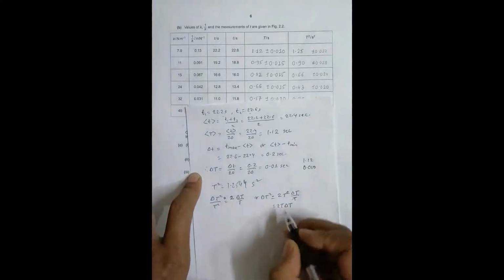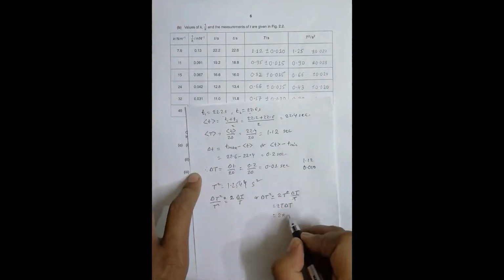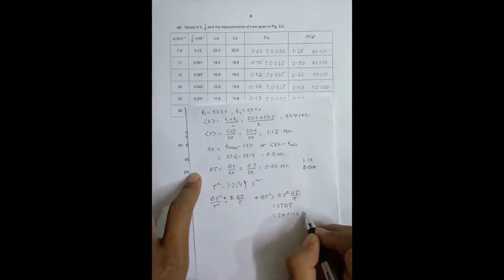So when I apply this formula, I'll have 2 into t, which is 1.12, into delta t, which was 0.010. So it should be 2 into 1.12 into 0.01, so it is 0.0224 seconds squared.